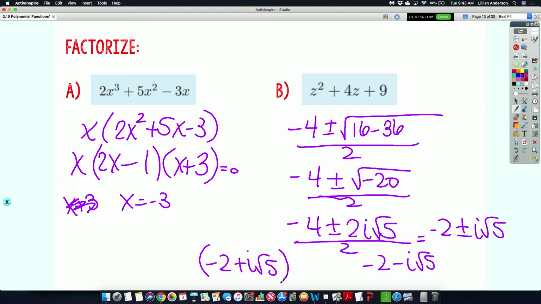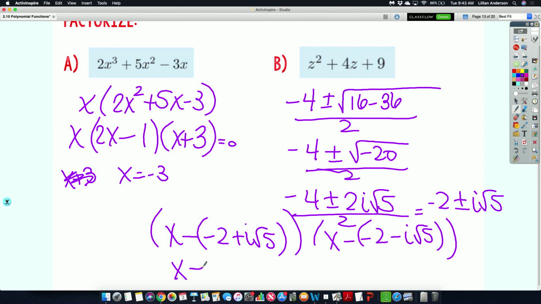So take the 0, change the sign, and you have your factor. Take the 0, change the sign, and you have your factor. You can either leave it like that, or you can distribute the negative through to get your full factors.